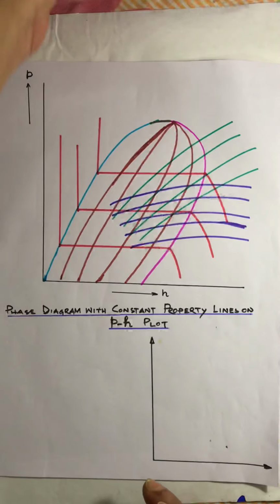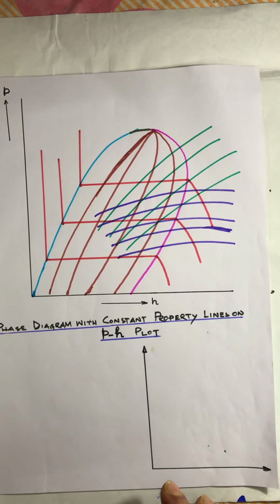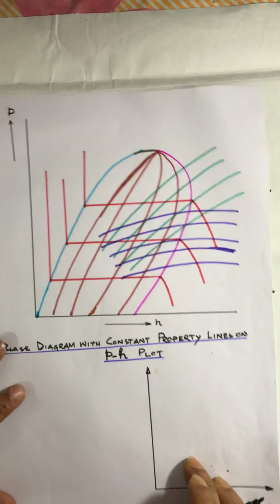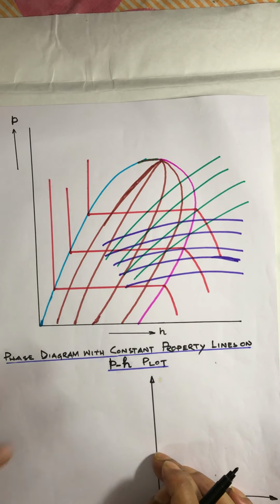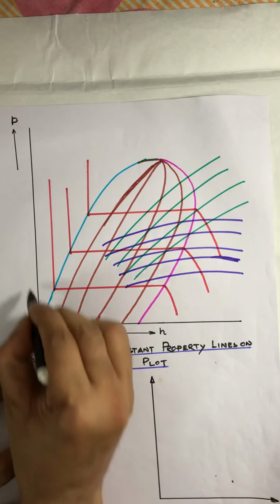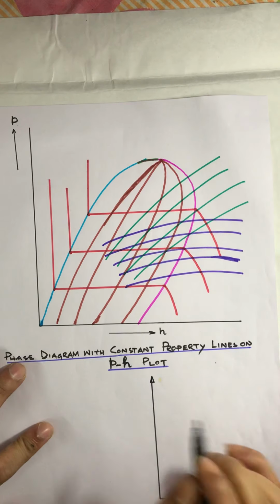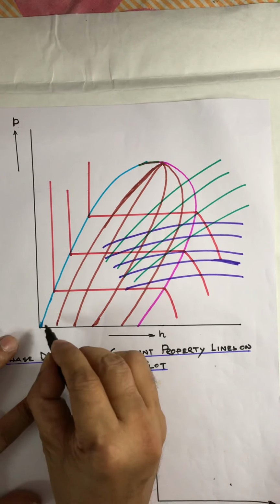So, this is the pH diagram, which is a very important diagram if we are going for the refrigeration cycle. Let me help you understand the pH diagram. The y axis represents P, pressure, and the x axis represents specific enthalpy, and this is the vapor dome.